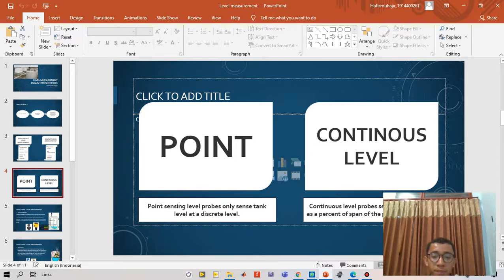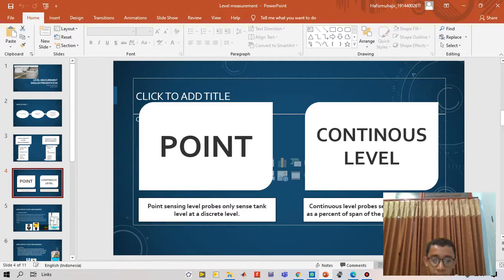Point sense probes are typically used for high or low level sensing to prevent plant personnel and or process equipment from being exposed to harmful conditions. Point level probes are also used in processes in which we do not particularly care what the exact level in a tank is, only that it is between two points.